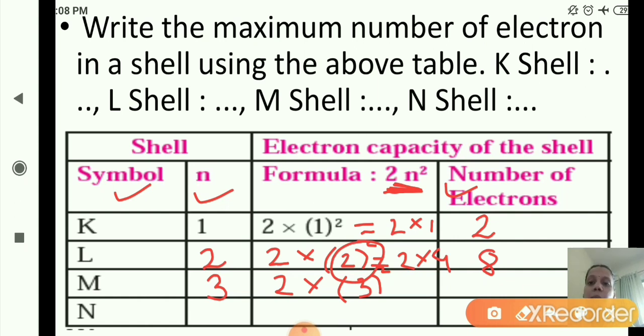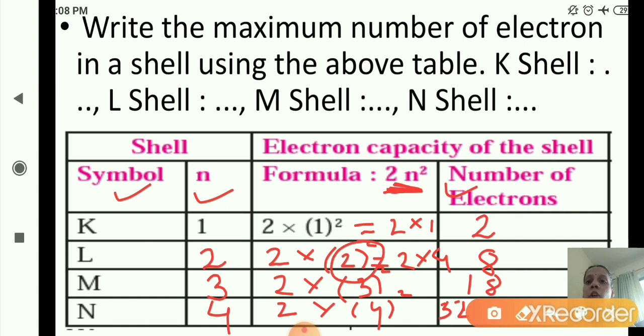So 9 multiplied by 2 is 18. Now the next, N shell. The ordinal number for N shell is 4, so 2 multiplied by 4 square. 4 square is 4 4s are 16, and 16 2s are 32, right?